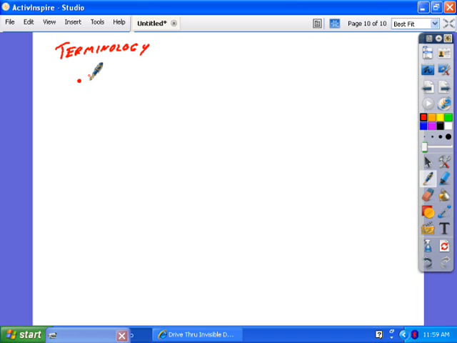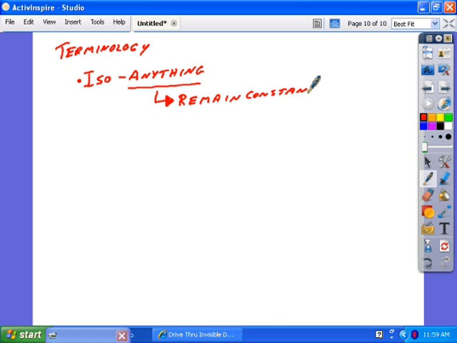You should have a solid grasp on this. If we talk about anything that is ISO anything, that means that that individual variable is going to remain constant. Now, the four that are going to be important to know here.